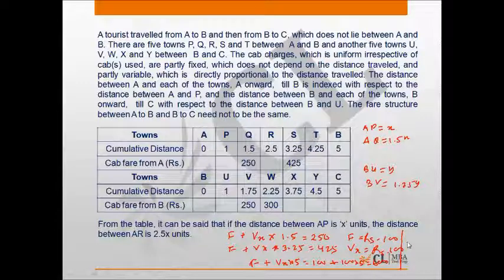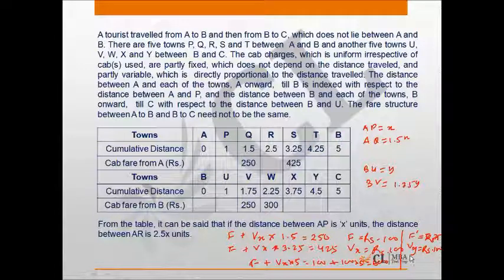Similarly, we can calculate the fixed and variable cost for traveling between any pair of cities between B and C, including these two cities, which comes out as, if F dash is the fixed cost, rupees 75, and the variable cost Vy for traveling every y kilometers comes as rupees 100.